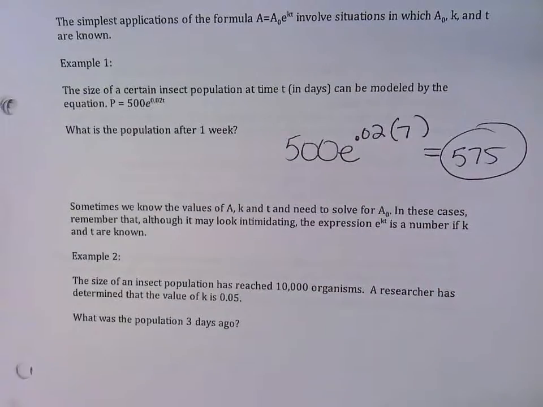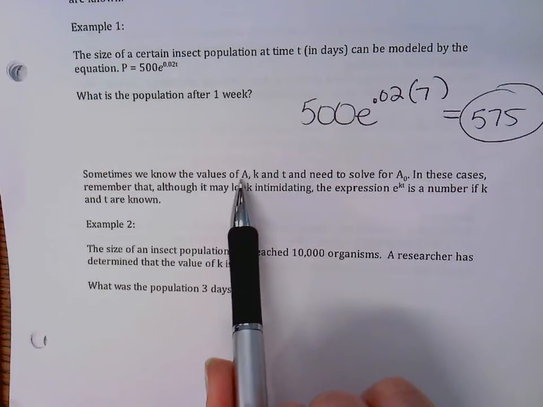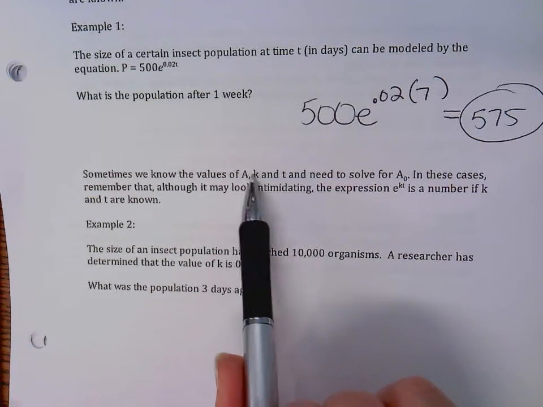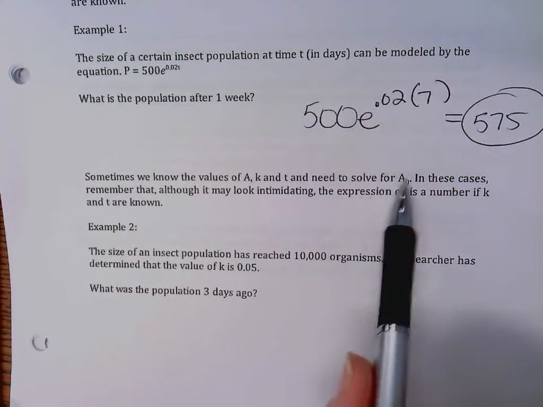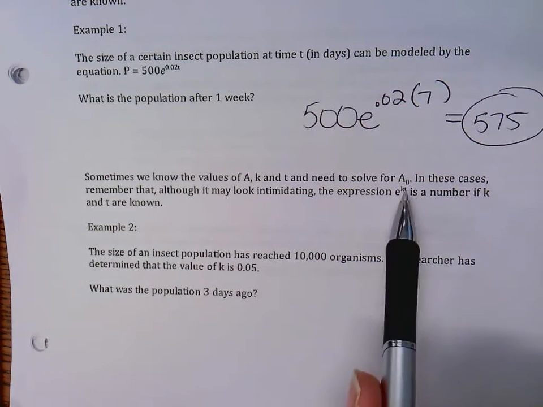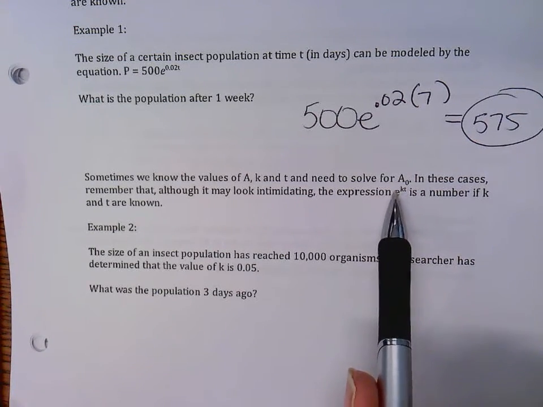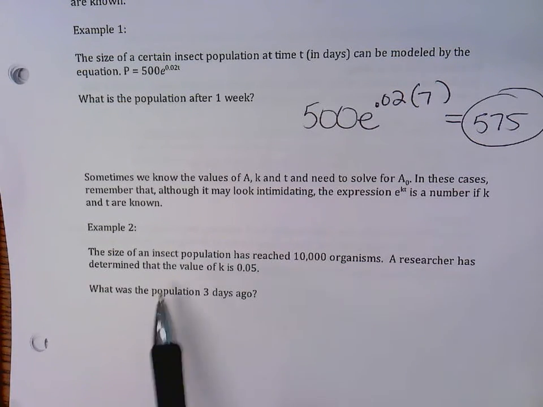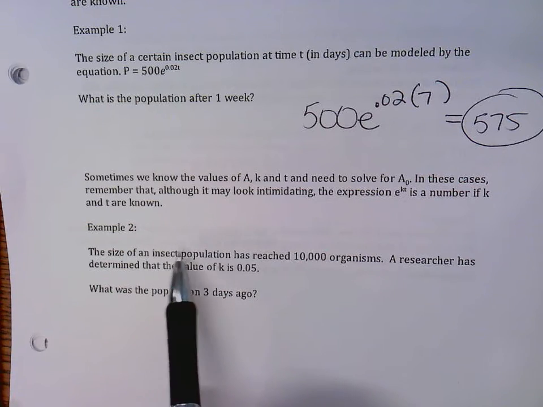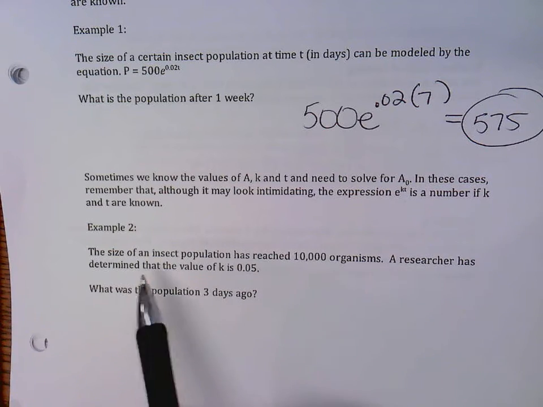So it says sometimes we know the value of the current population, but we don't know the original population. We know k, we know t, and we have to solve for the original population. In this case, remember, it may look intimidating, but e to the kt is just a number, right? e is a constant, k is a constant, and t is a number. So you could evaluate e to the kt, it's a number. So this says the current size of an insect population has reached 10,000 organisms. A researcher determined the value of k as 0.05. What was the population 3 days ago?